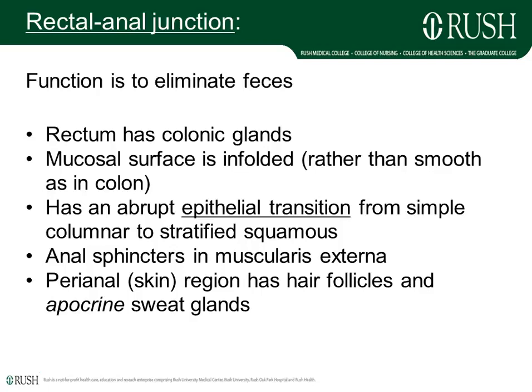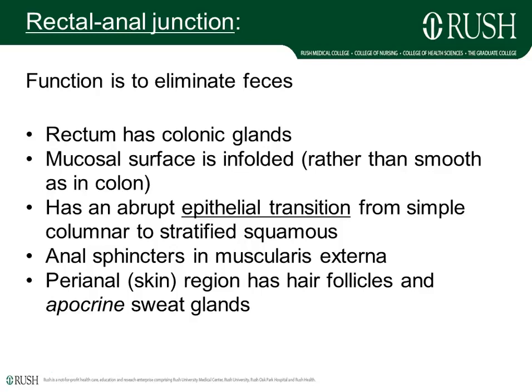In this case, you're going from the simple columnar in the rectum to the stratified squamous of the anal canal. You will also see the internal and external anal sphincters in the muscularis externa. So the internal anal sphincter will be smooth muscle, whereas the external anal sphincter will be skeletal muscle.